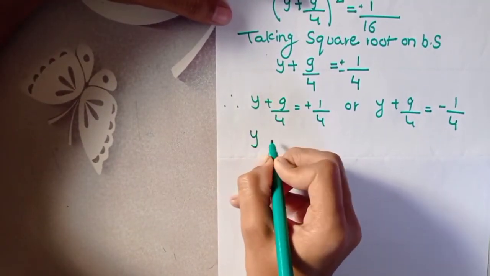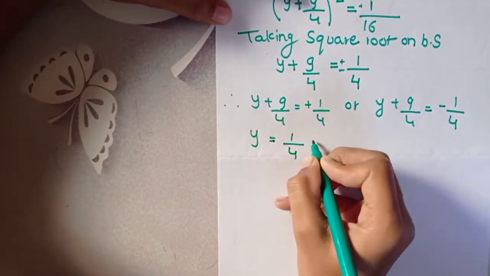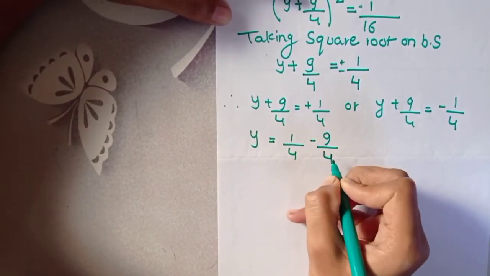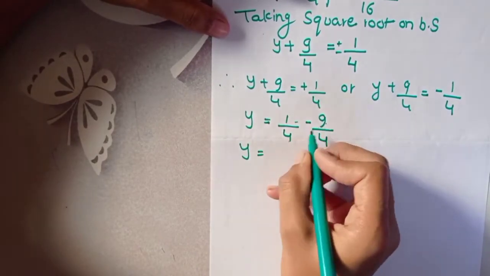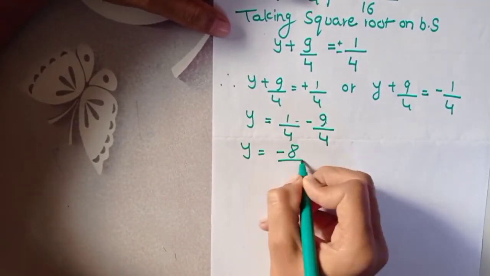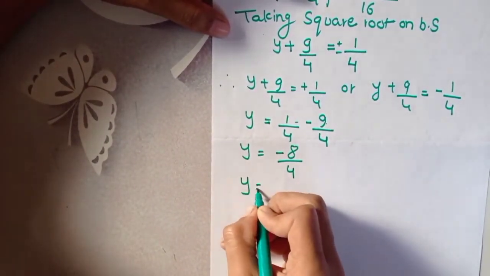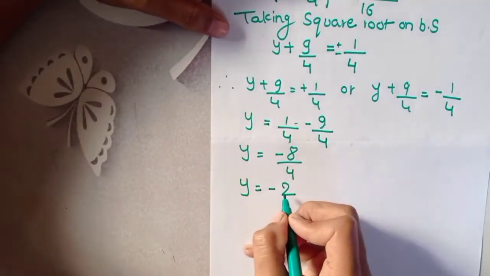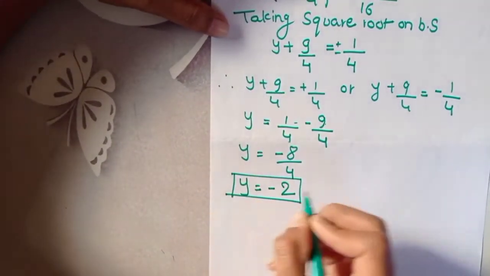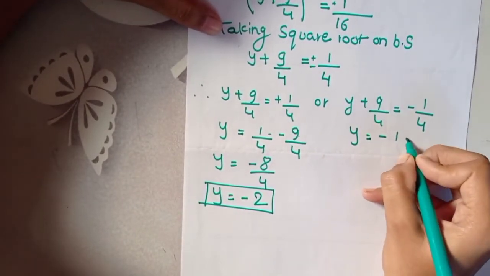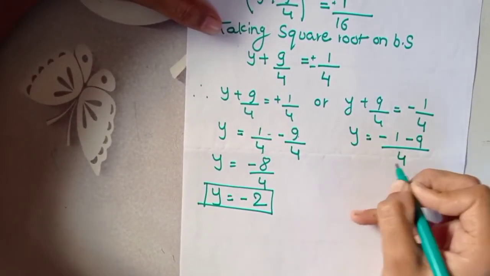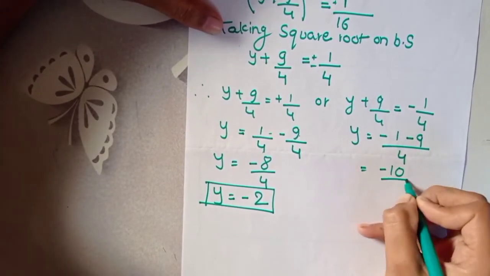Here, y is equal to 1 by 4 minus 9 by 4. That is, y is equal to 1 minus 9, which is minus 8 by 4, so y is equal to minus 2. Here y is equal to minus 1 minus 9 by 4, which is equal to minus 10 by 4.